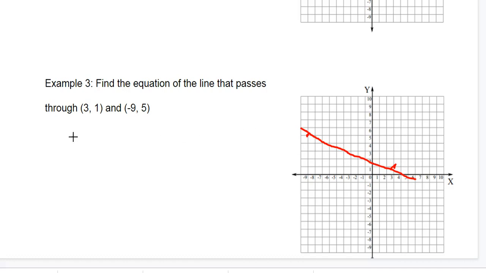Let's go ahead and find our slope. Our rise here goes 1, 2, 3, 4.